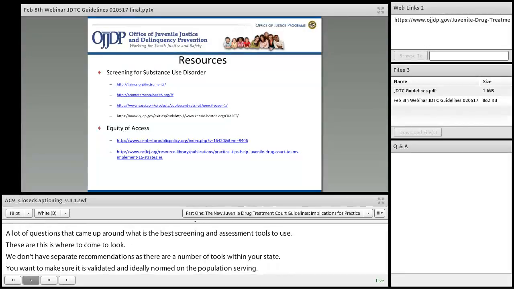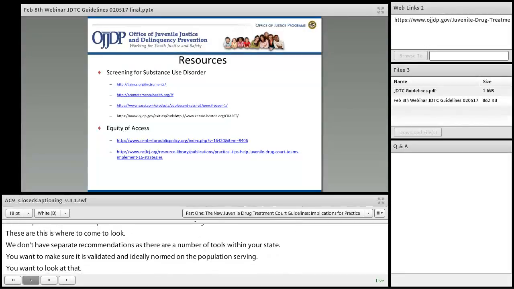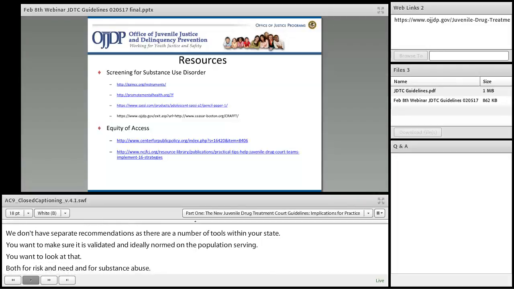I know we had a question that came in that asked about the diagnosis or the indicator of substance use disorder, and that's actually a level of care indicator that treatment providers receive, saying that they're at a substance use disorder level.